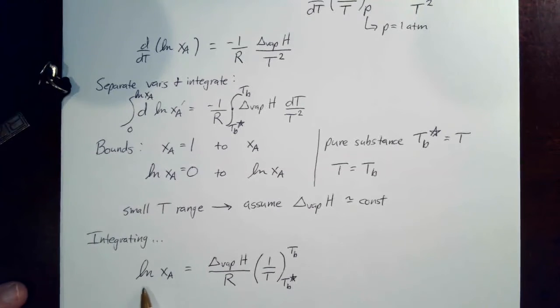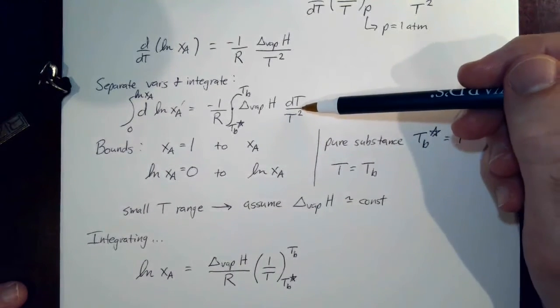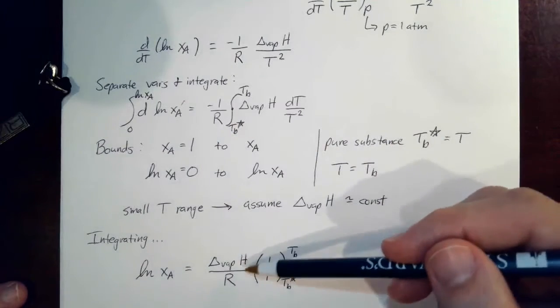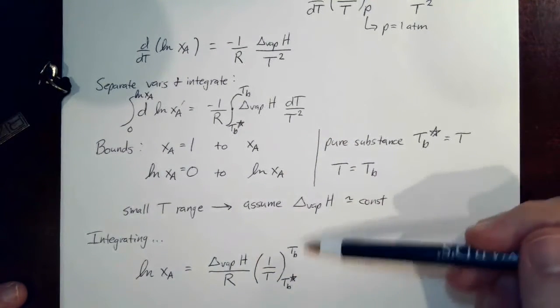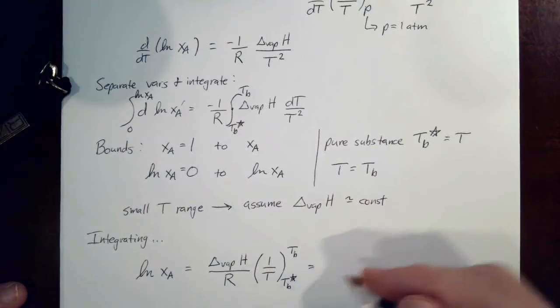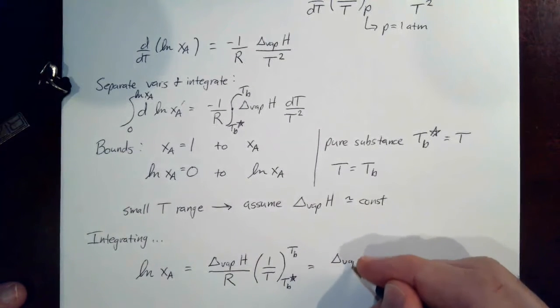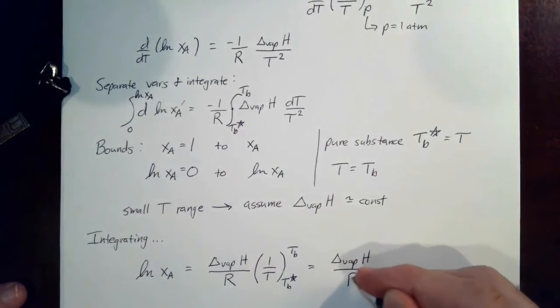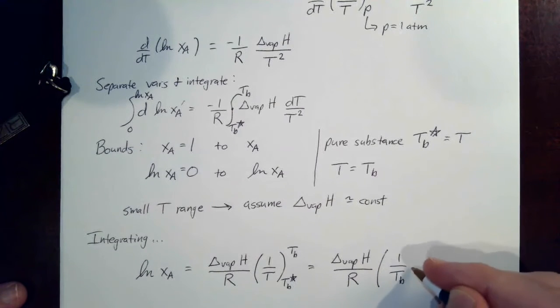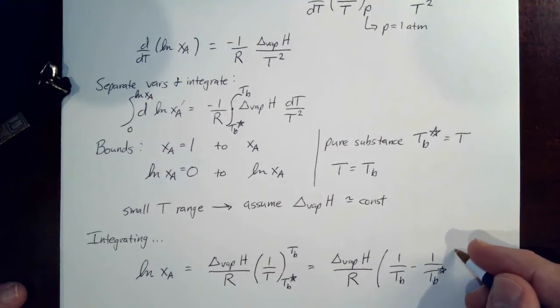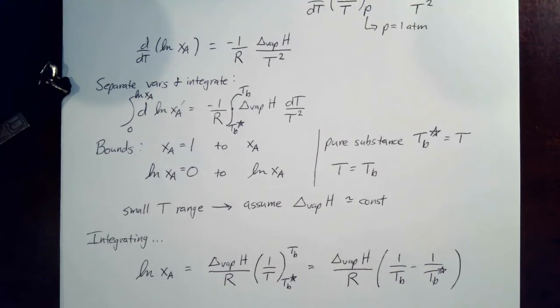After I integrate, I have ln XA on the left. On the right, this integrated to negative 1 over T, so the negative cancels this negative, and I have 1 over R times delta H times 1 over T with these bounds. So I'm going to evaluate it at the upper and lower bounds now. And so I have 1 over T minus 1 over T star on the right-hand side.